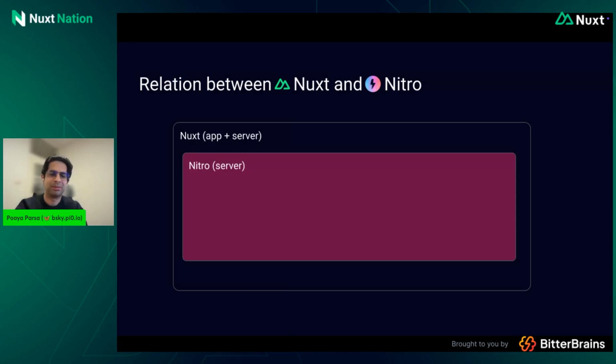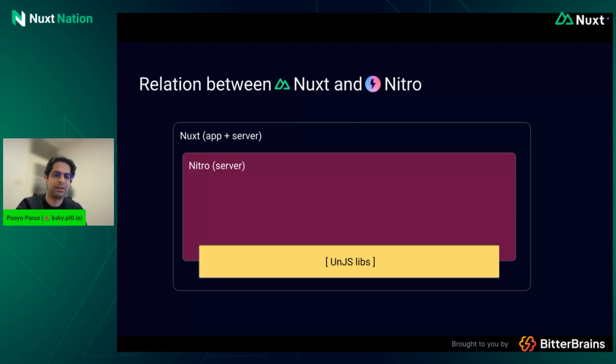I don't forget them. So inside the Nuxt application, Nuxt is a full stack framework, right? So it has an app, which is your client-side SPA, which is always there, and the server-side rendering. And there is a server for server routes. And that server is Nitro, like I said. And between Nuxt and Nitro, we have so many UnJS libraries. Some of them are directly used by Nuxt, some by Nitro, some by both of them.